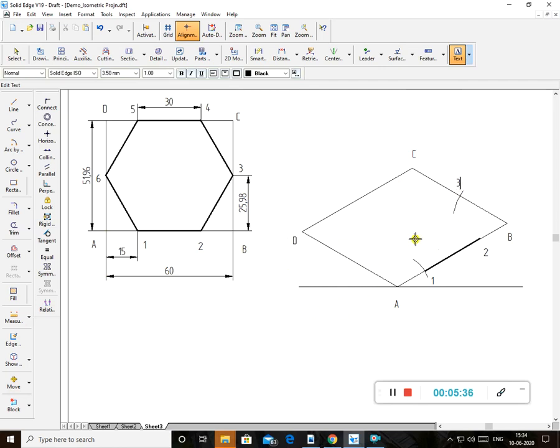In the same way you take 5 and 4. You can easily get them without drawing arcs also, because AB and CD are the same, and the location of 1 and 2 is the same as 5 and 4.